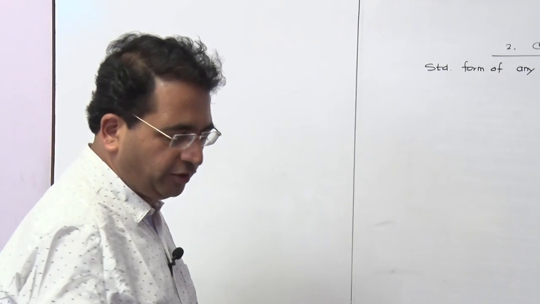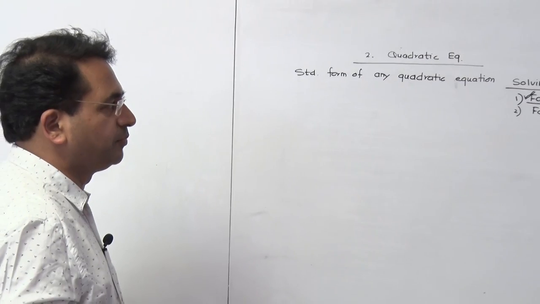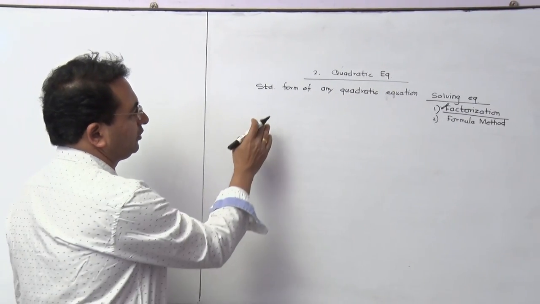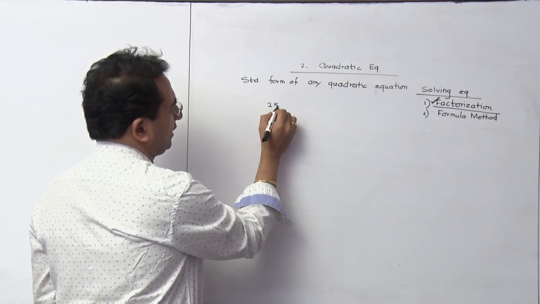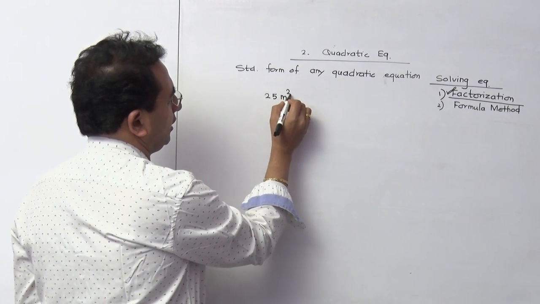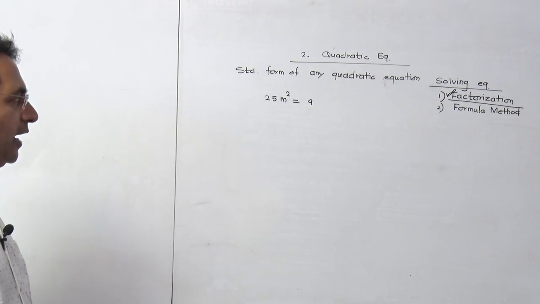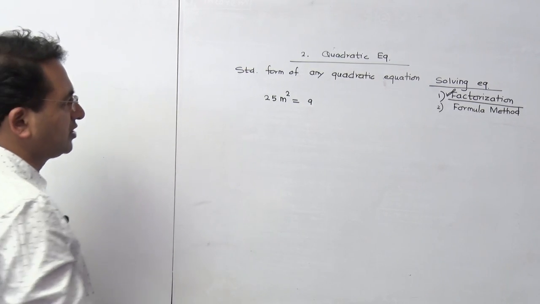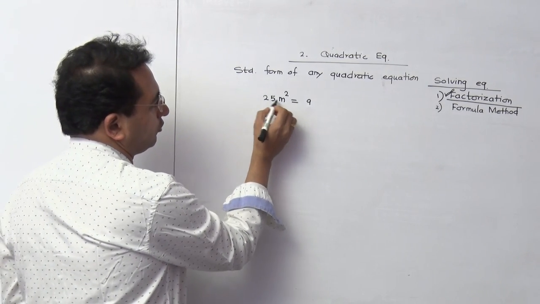Now there is one more equation. I told you earlier that the factorization method is not that simple. If you are getting all the 3 terms, then it is simple. But suppose the question is asked to you like this: 25m square is equal to 9, and students are solving it by directly taking the square root.